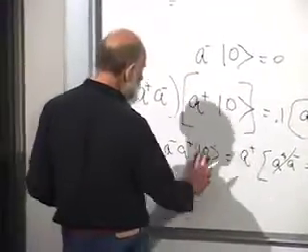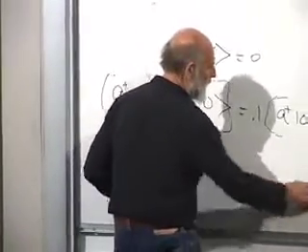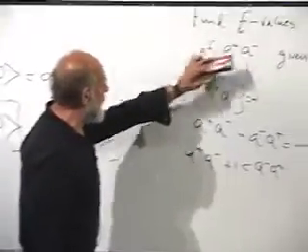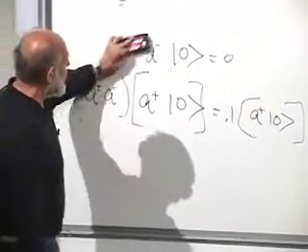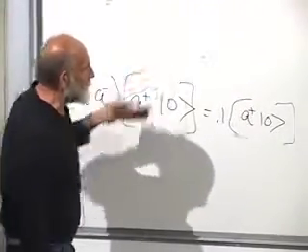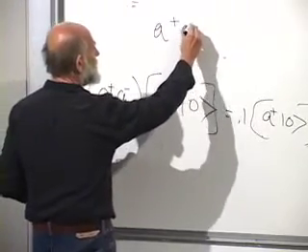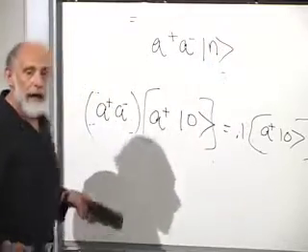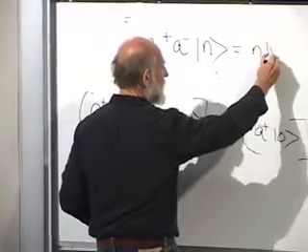In fact, supposing we have an eigenvector of A plus A minus with eigenvalue n. In other words, supposing we have found a solution A plus A minus on some vector which I'll call n is equal to n times n.